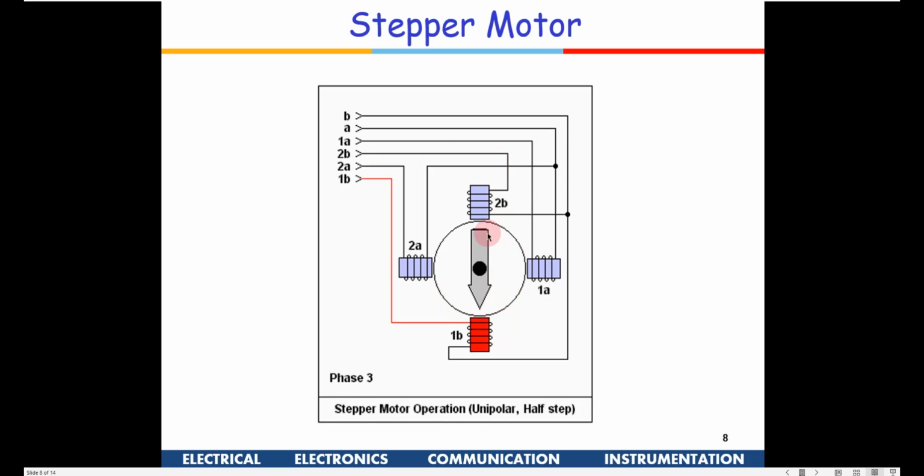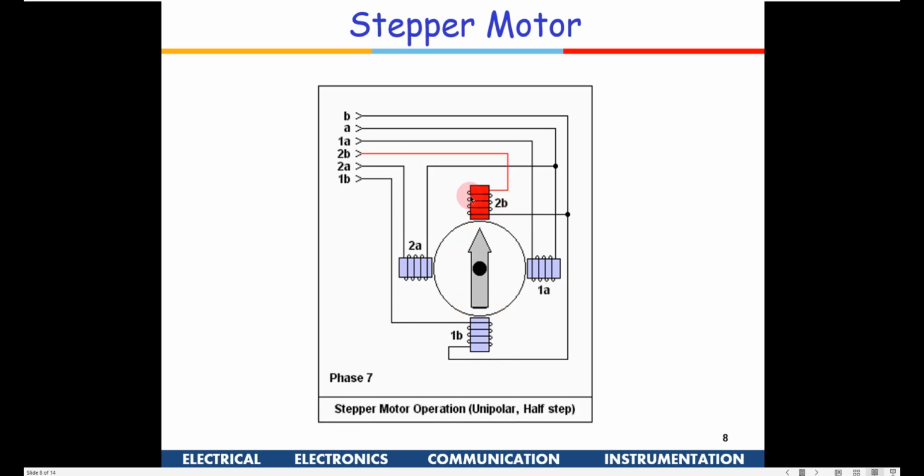If, for example, only 2A is energized, then the magnetic field will be in the horizontal direction, and the pointer, the magnet which is suspended, will be in the horizontal direction. If only 1A is energized, it will be in the opposite direction, and similarly 2B and 1B will make this pointer aligned either up or down.